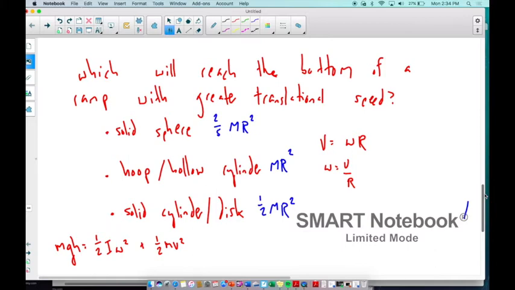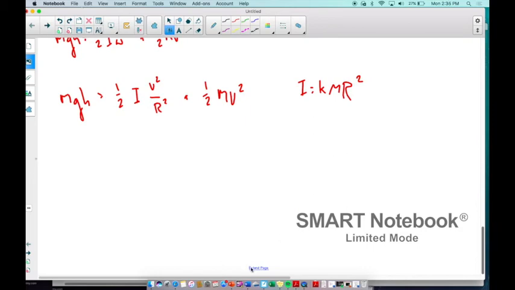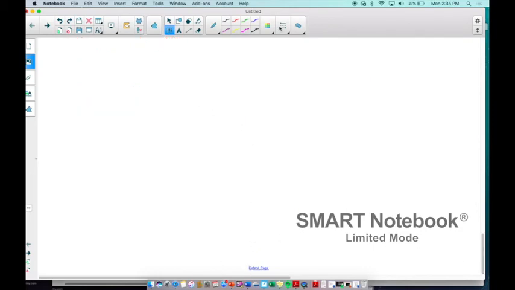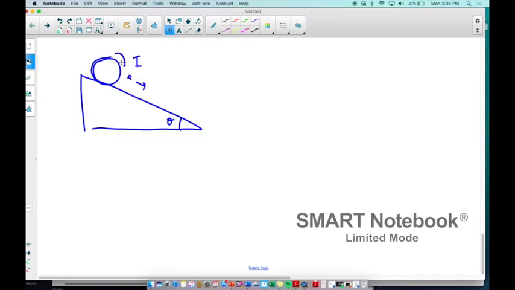I want you to think about the fact that we could also answer this using a forces approach. So once again, here's my object. I know the object has some I value. It's going to be accelerating down, and it's going to be accelerating around with a rotational acceleration like that.